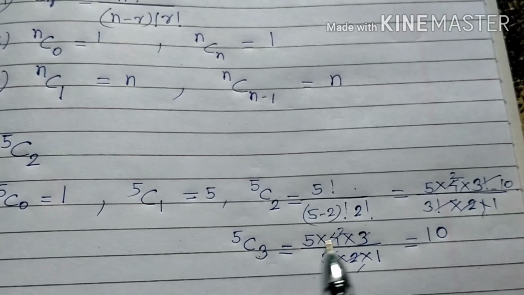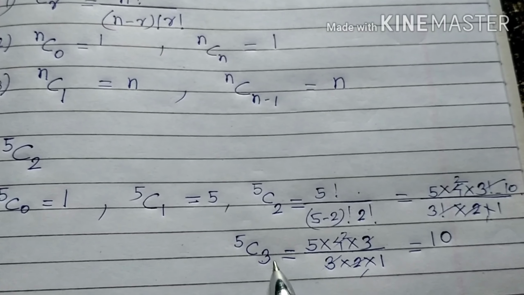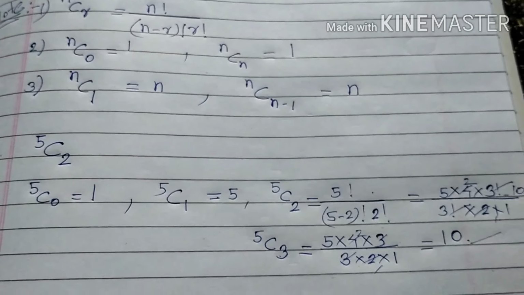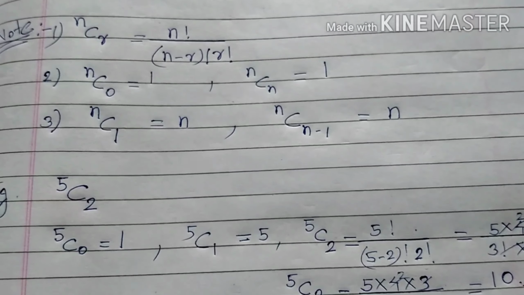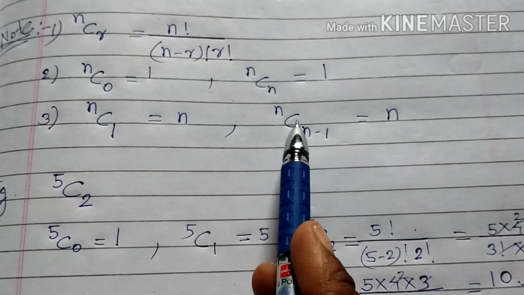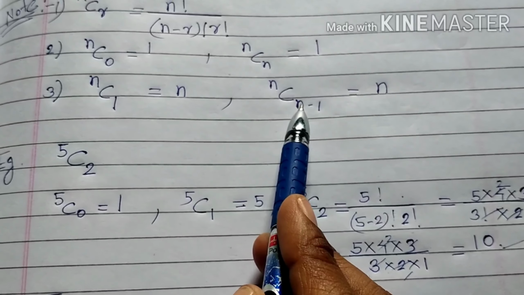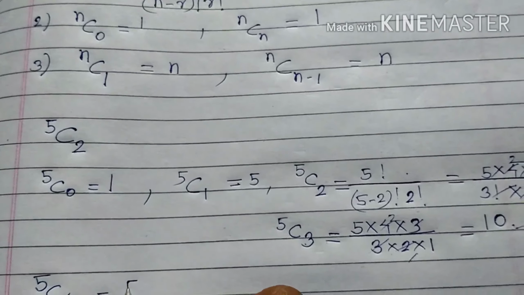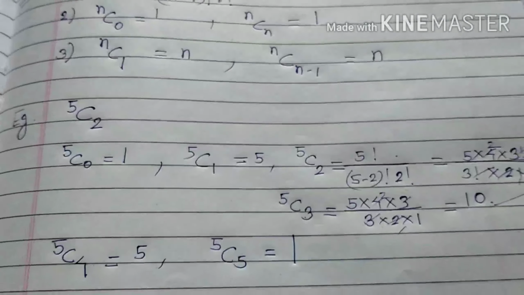There is 3, so you have to expand up to 3 terms, 5 into 4 into 3, and this expansion 3 into 2 into 1. So you also get the right answer. Now for 5C4, you can observe that n minus 1 is equal to n, means here 5 and here 5 minus 1 is 4, then we get answer n. So here we get answer 5, and 5C5 is equal to 1.